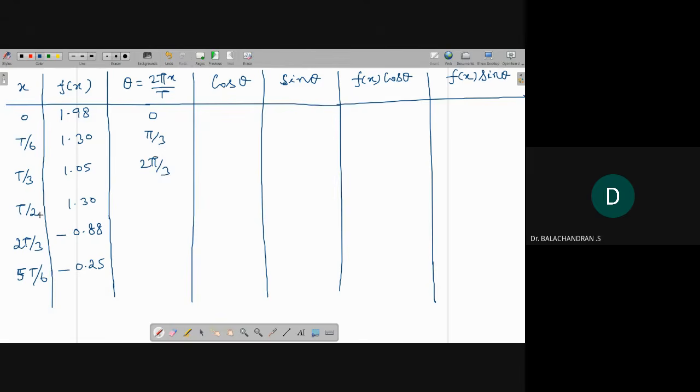Next, when x is equal to π/2, theta is π. 2π/3 means 4π/3. Next, 5π/6, so 5π/3.